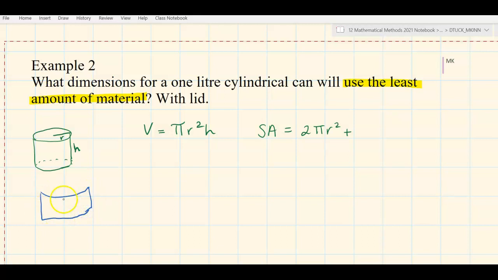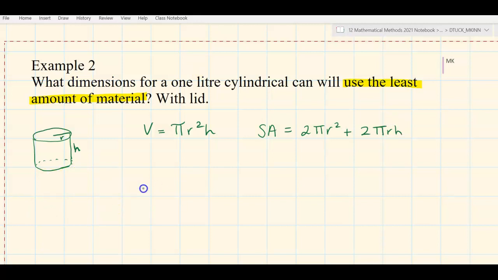If you unwrap it fully, it will become a rectangle. That rectangle's length is the circumference of the circle, 2 pi r, and the rectangle's width is just the height of the cylinder. So the surface area of this cylinder is 2 pi r squared plus 2 pi r h.